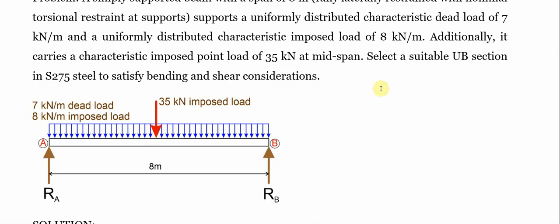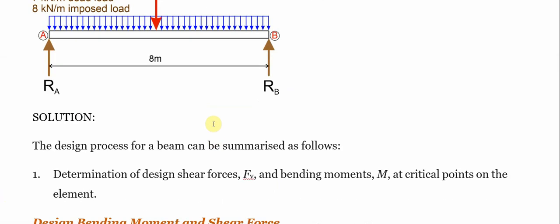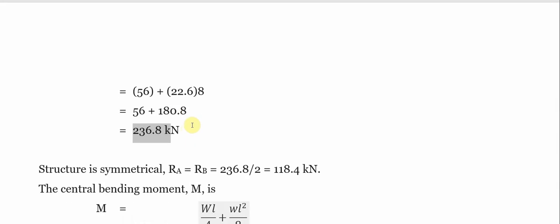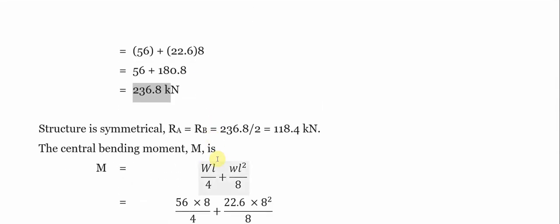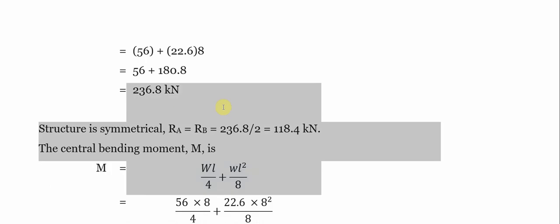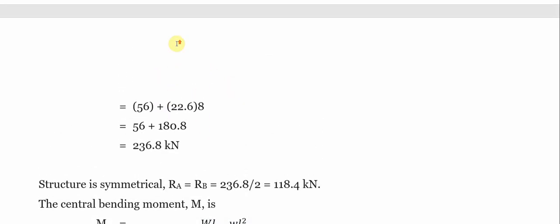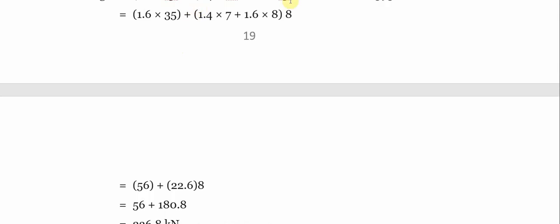The one for the uniformly distributed load will be separate, while the one for the imposed point load will be separate. So this one will be used for the point load, while this one will be used for the uniformly distributed load. If you look at my earlier calculation, this is the one for the uniformly distributed load before we multiply by the span, and this one is for the point load.